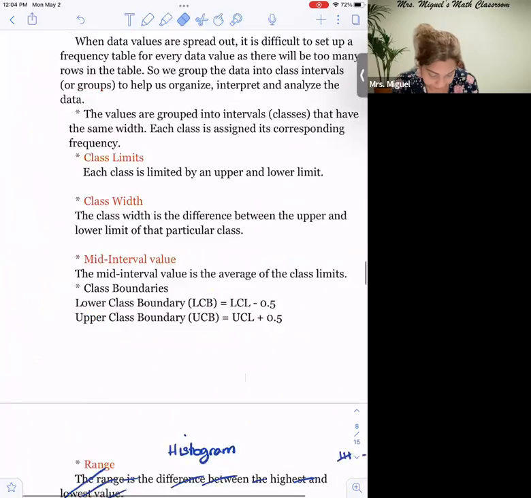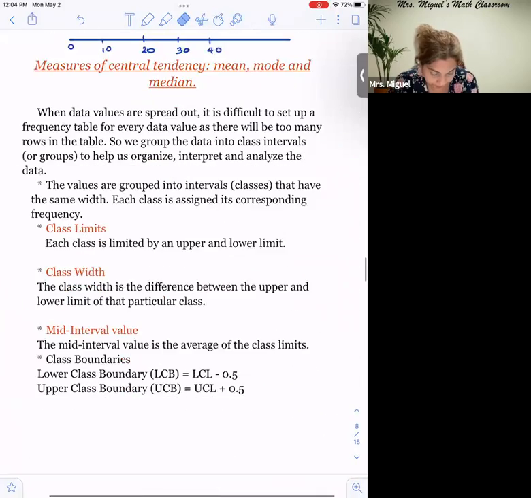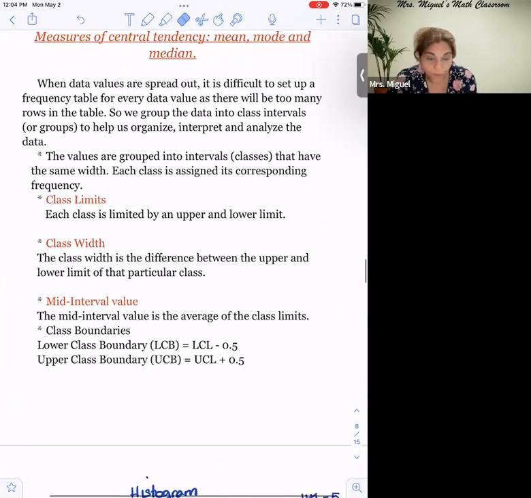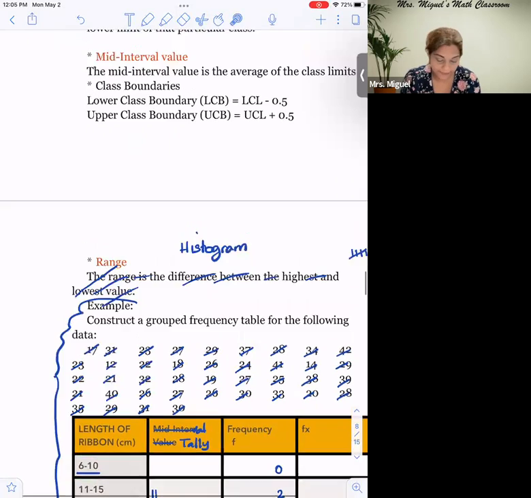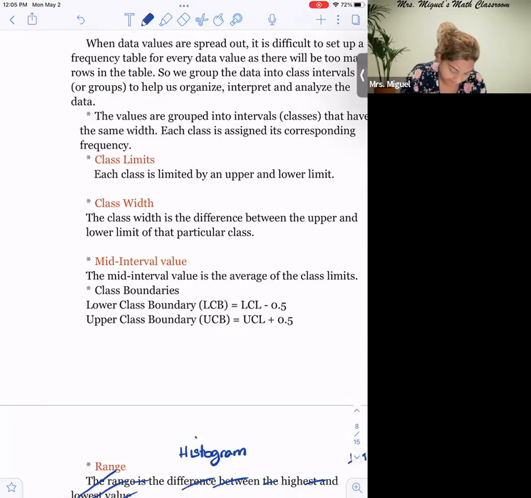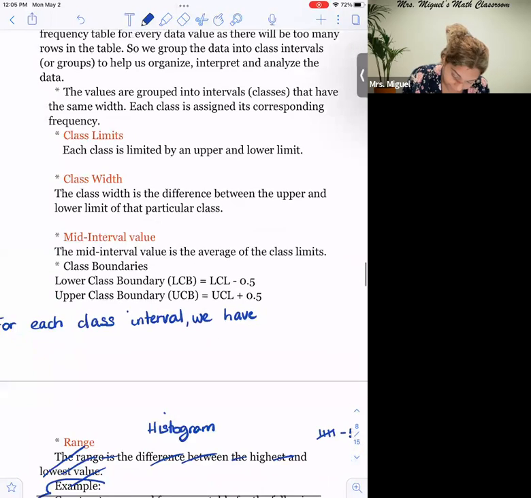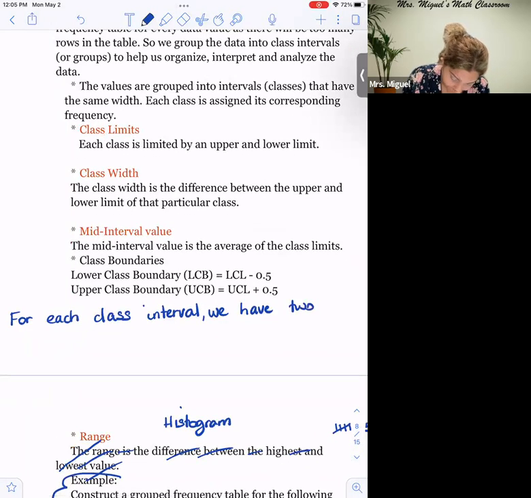All right, let's go. For each class interval, let's use 6 to 10. For each class interval, we have 2 limits.